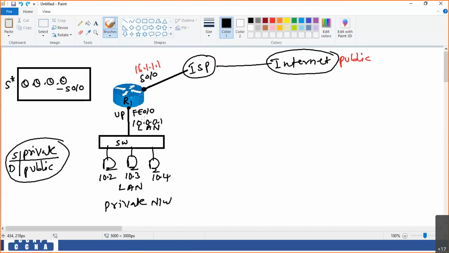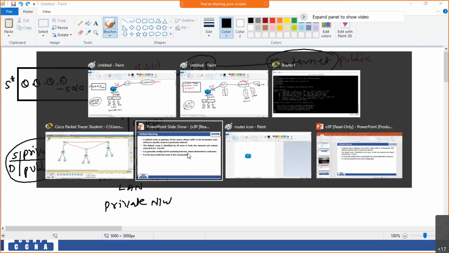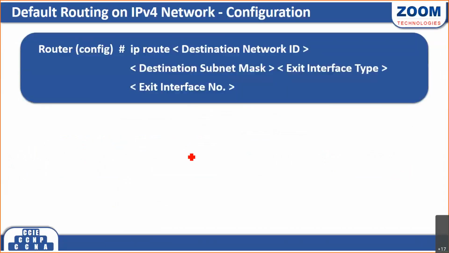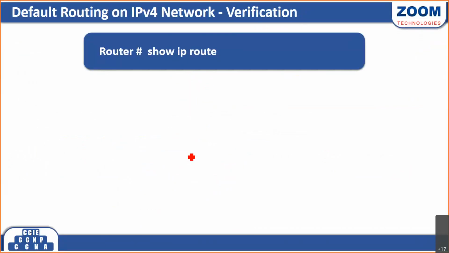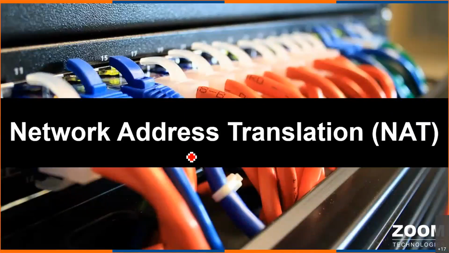Even your mobile phone and your laptop use a private IP, but you're reaching public IPs. So how is it possible? We have to use one mechanism to translate private traffic to public and public to private. That translation is what we call NAT, network address translation.